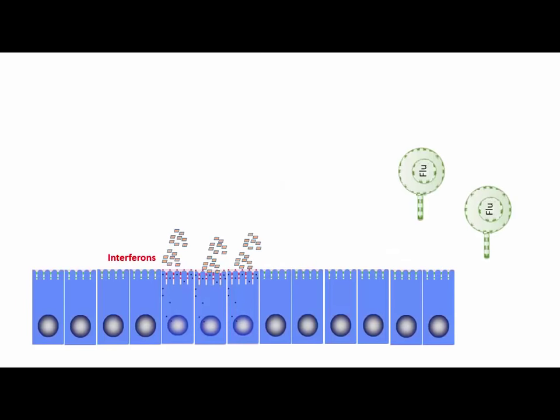Now, here we have the CD8 T cell arriving at the site of infection. And as it arrives, it needs to know what cells are infected. One way that it is able to get to the rough location of the site of infection is the fact that the infected cell is releasing interferon.